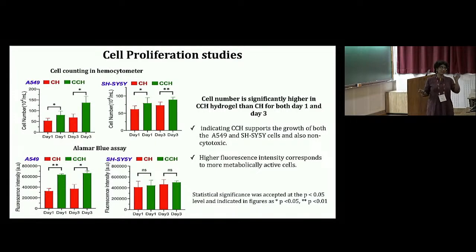The CH is chitosan and CCH is our carbamylated chitosan. All we want to demonstrate through these experiments was that the carbamylated hydrogel was able to support the proliferation of the cells better than just the parent chitosan.